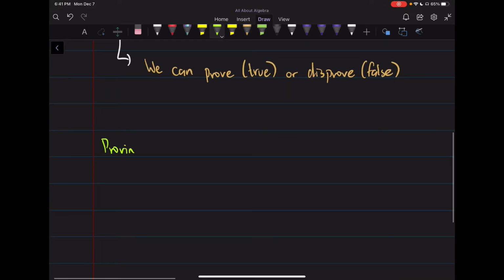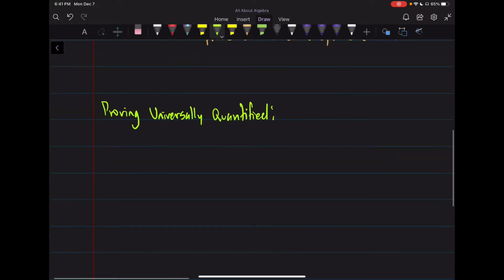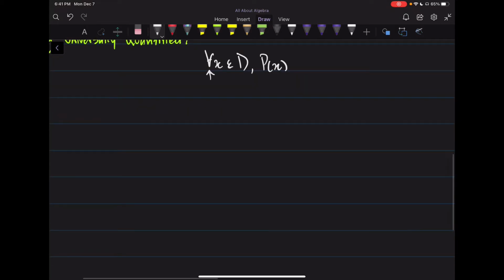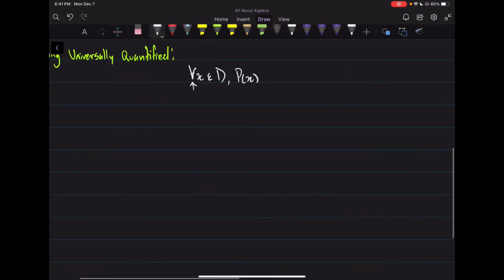So now we can show how to prove universally quantified statements, right? Which we discussed in the previous episodes. So we have something that looks like this, for all x, right? Well, how can we prove this?